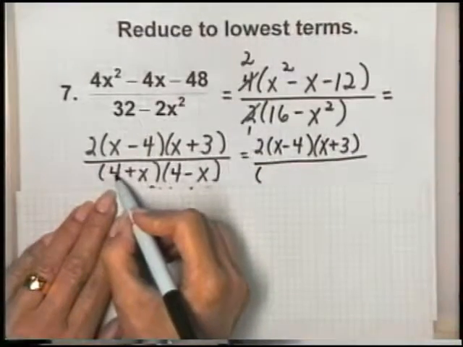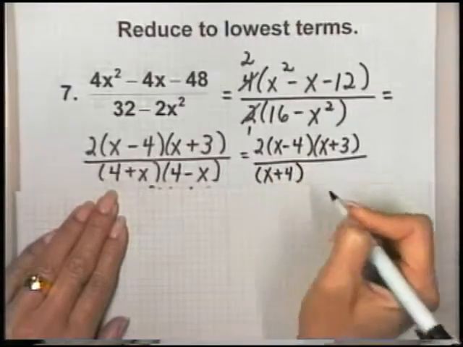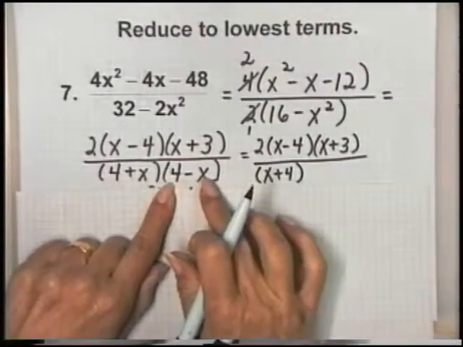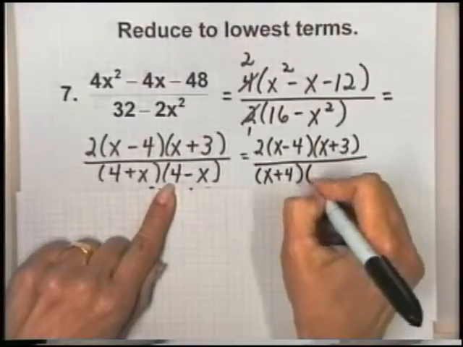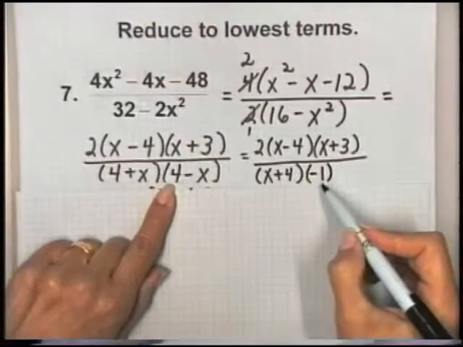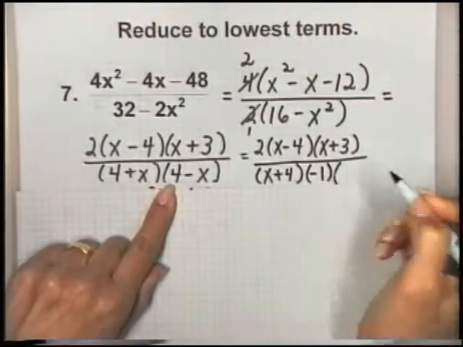I'm going to go ahead and write this 4 plus x factor as x plus 4. I may do that using the commutative property. And for the 4 minus x, I'm going to factor a -1 out of each of those terms. And that -1 is a factor, so I'm going to enclose it in parentheses.